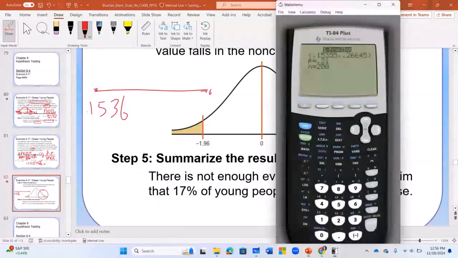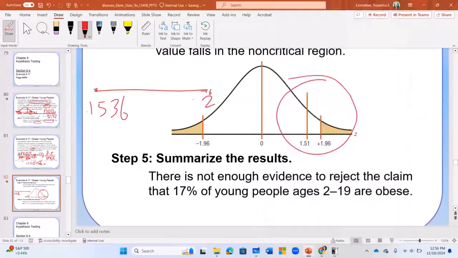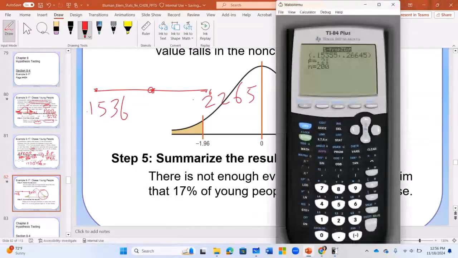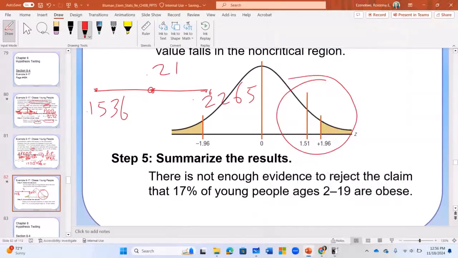The upper bound is 0.2665, and the point estimate, p hat, is 0.21.